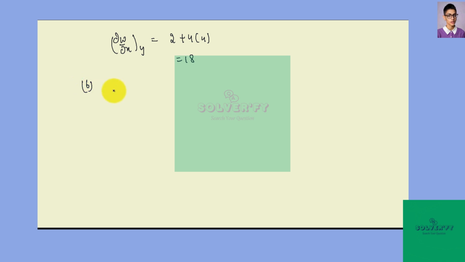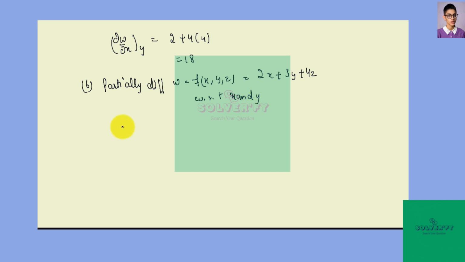The second, we have omega is equal to f of x, y, z, which is equal to 2x plus 3y plus 4z. Differentiation with respect to x and y.